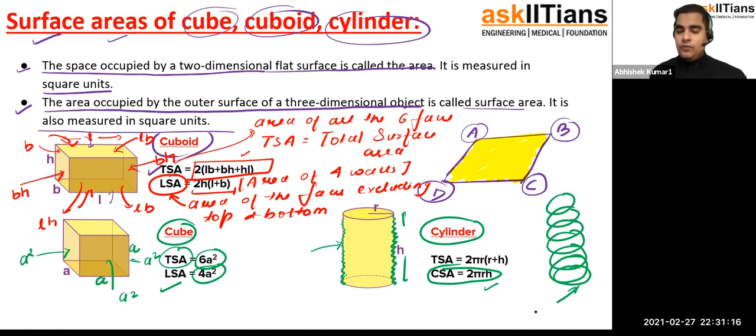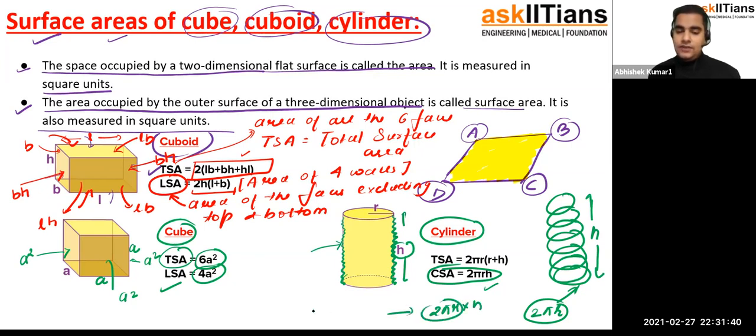The circumference of one circle is given by 2 pi r, right? And what is the height? Height is h. That means how many circles are we using to form this cylinder? We are using h circles. So if you have to find the length, then that would be given by what? That will be given by 2 pi r into h.